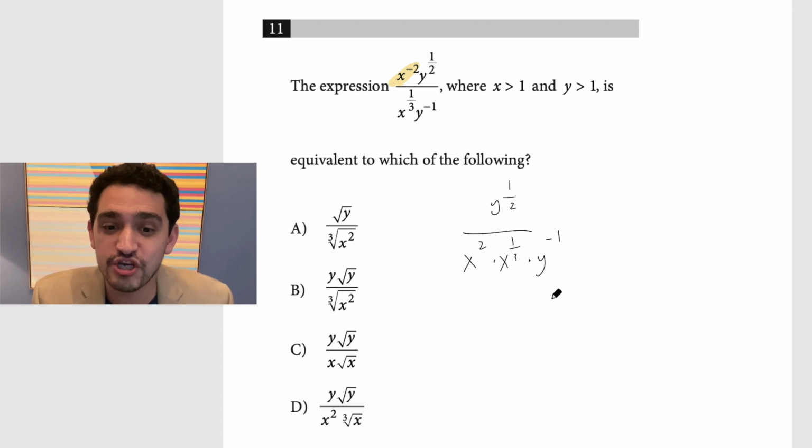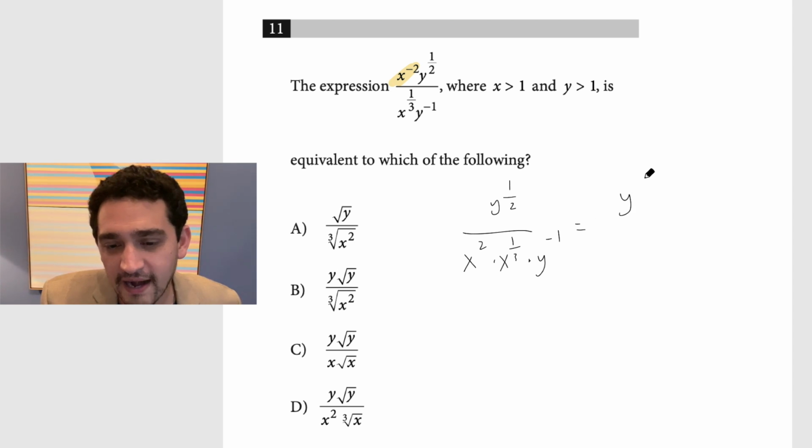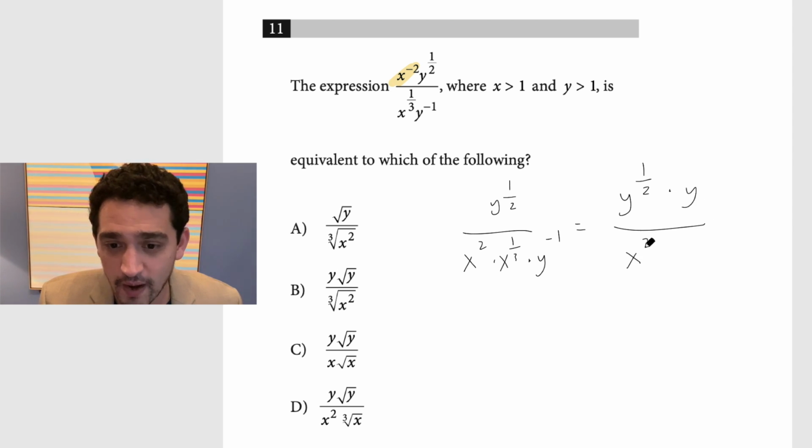Well, now we should move this y to the negative 1 up to the numerator and make it positive. So we now have y to the power of 1/2 times y to the power of 1, so just y, over x squared times x to the power of 1/3.